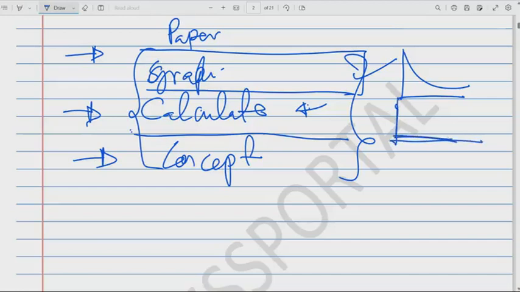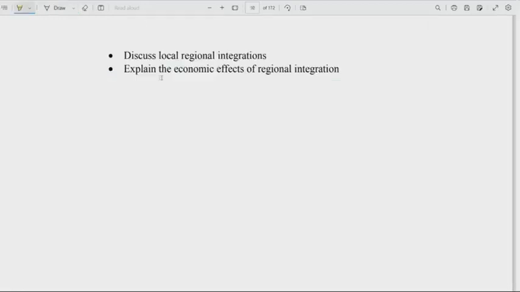And lastly, explaining different concepts and principles. If you can be good at all these areas, that means you will have a better chance of passing this exam with good grades. So that's what we should know about this paper.